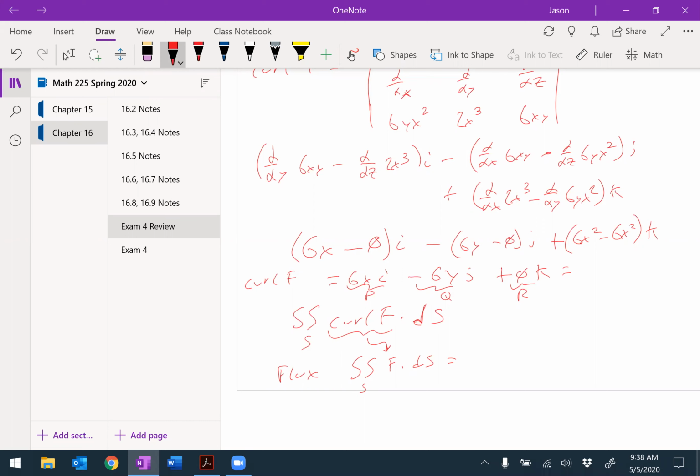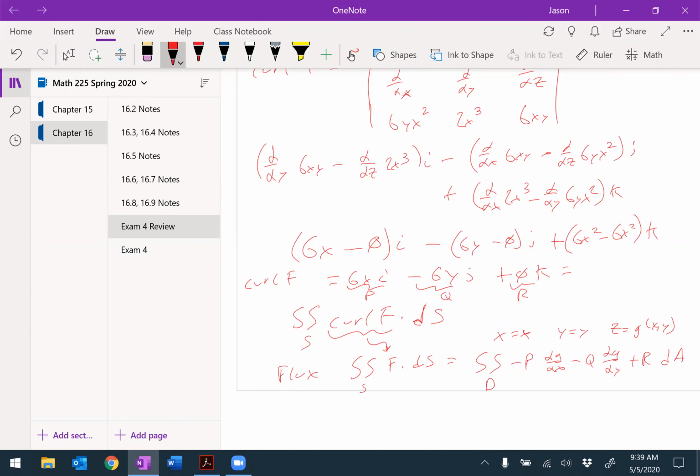Is equal to, and if we can parameterize x equals x, y equals y, and z equals g of x, y, then we can let this thing equal, over our domain, the integral of negative P dg/dx minus Q dg/dy plus R dA.